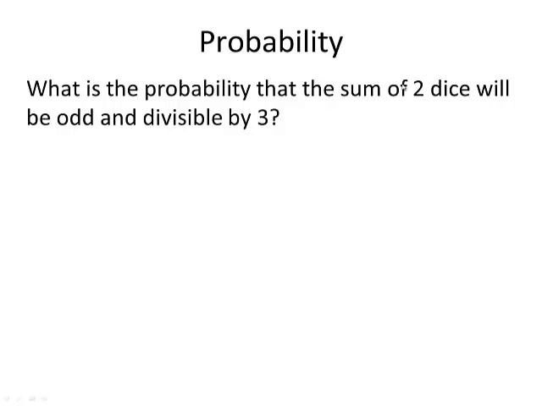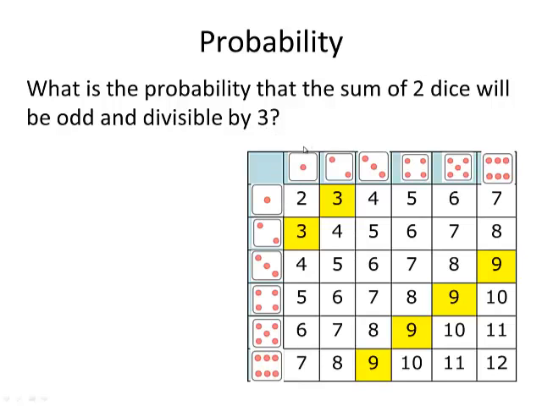What's the probability that the sum of 2 dice will be odd and divisible by 3? This is easiest to do with a sample space. All right.